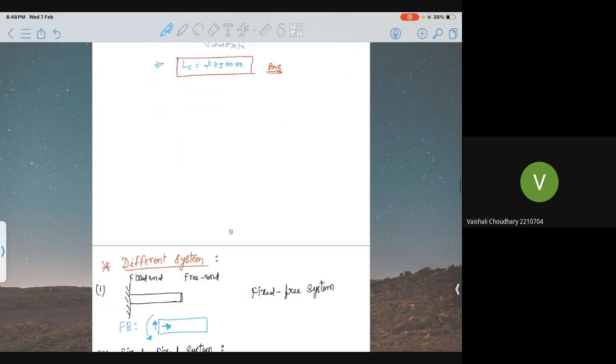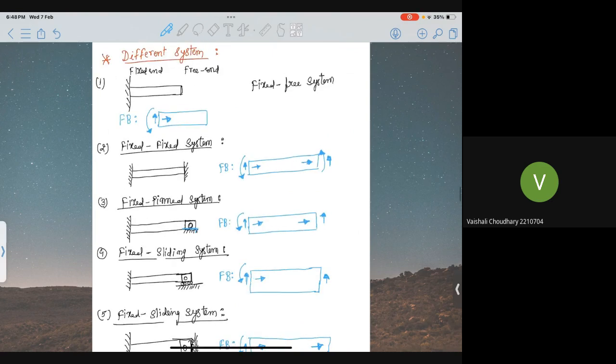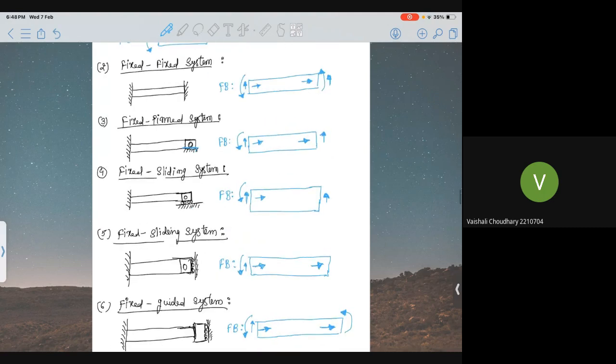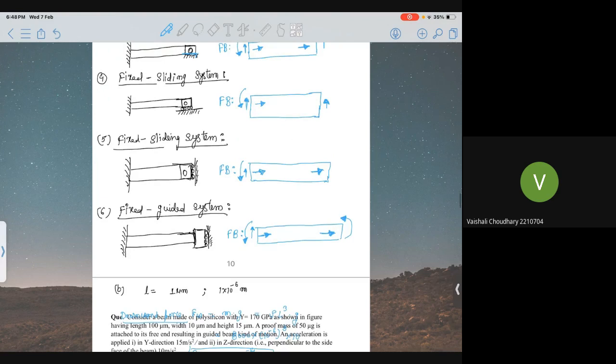Then we have calculated the critical length. Then we have seen the different systems. One is fixed free, the other one is fixed fixed, then fixed pin, fixed sliding in vertical direction, then fixed guided system.